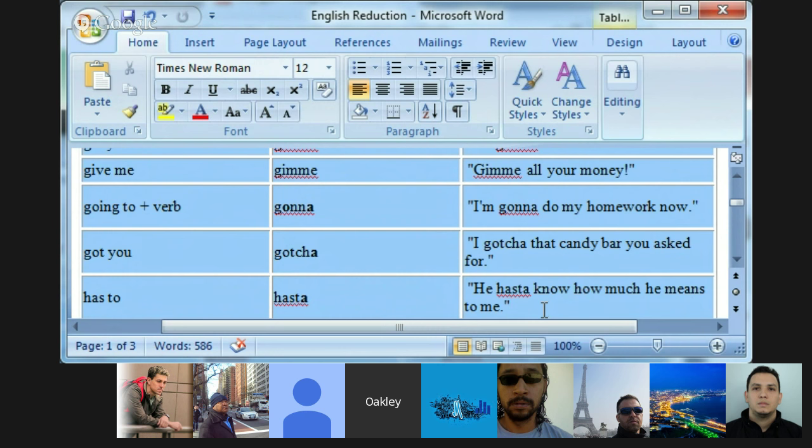Another ingredient in this whole thing that I've been teaching you: notice "muchy means" is very closely joined, but then there is a slight pause before the prepositional phrase. Okay? Listen carefully. He has to know how much he means to me. There is a slight pause between prepositional phrases and relative clauses.